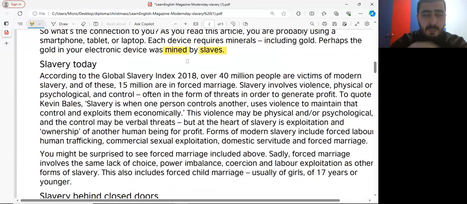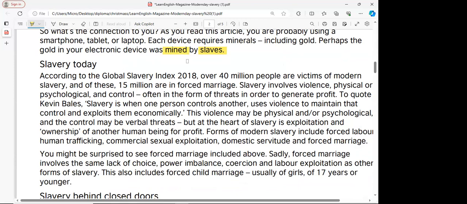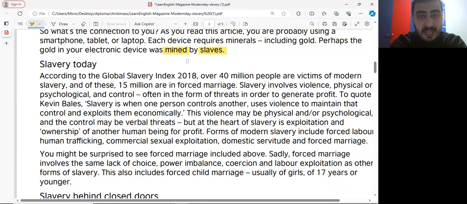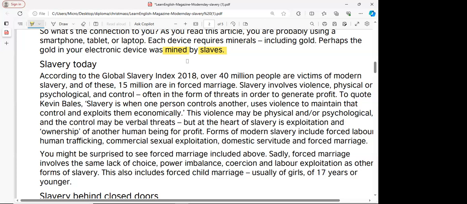Slavery today. According to the Global Slavery Index 2018, over 40 million people are victims of modern slavery, and of these 15 million are in forced marriage.